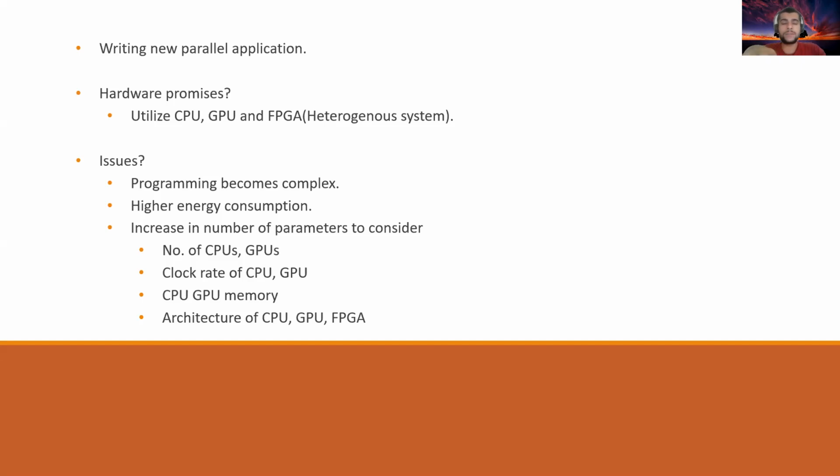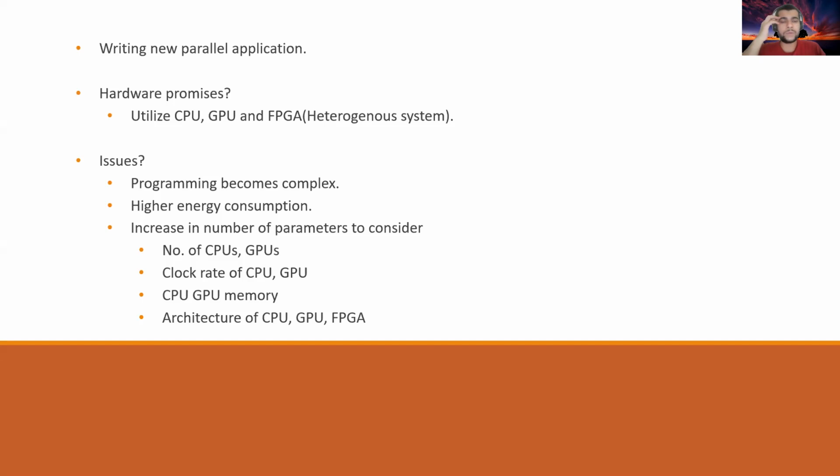Systems such as these are known as heterogeneous systems, because we can utilize more than one kind of processing unit. If we're utilizing just multi-core CPUs, that's a homogeneous system. If we're utilizing just the GPU and the multiple cores in the GPU, that's also a homogeneous system. But now we are pulling together different processing units, so that's known as a heterogeneous system.